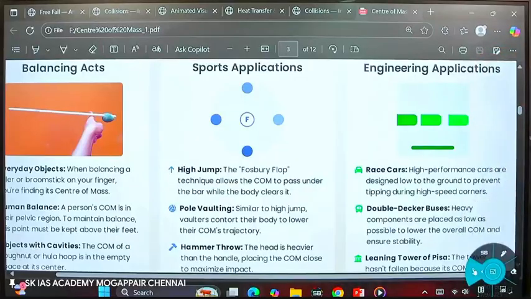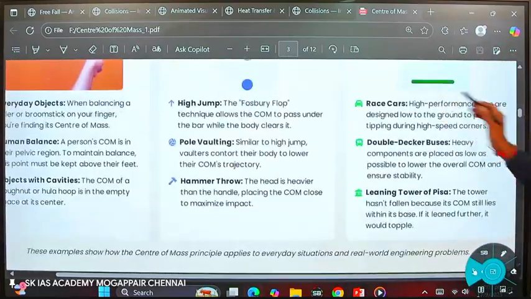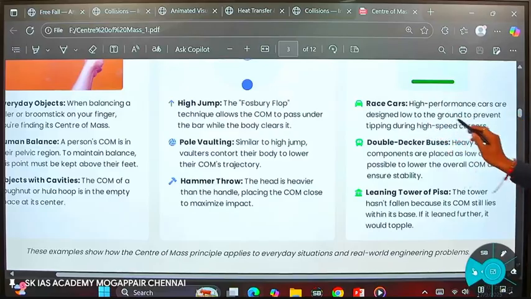Engineering application. Engineering, industrial: a race car. A race car means a racing car. High performance cars are designed low to the ground to prevent tripping at high speed. Like when you drive a car at 200 km/h, a high speed car, you have to fit a system with the help of the center of the mass.